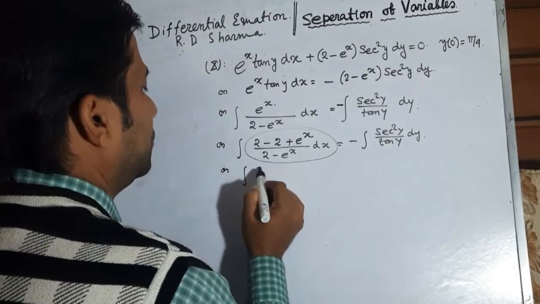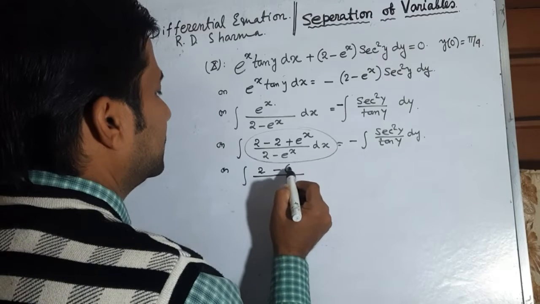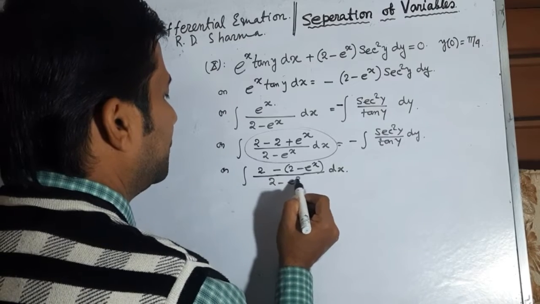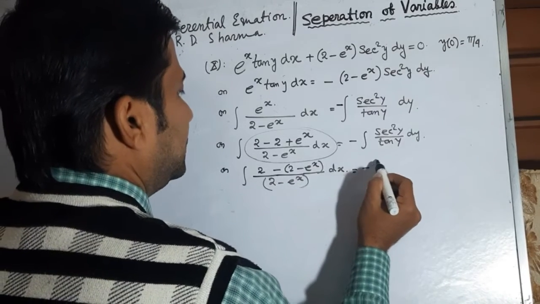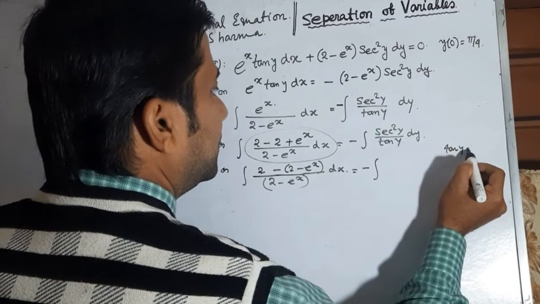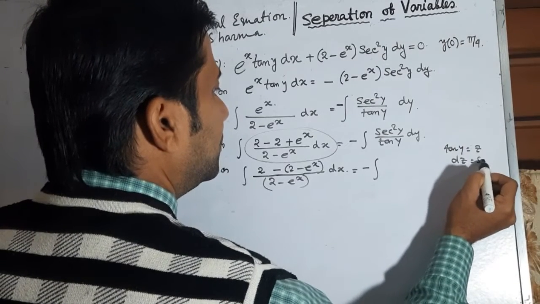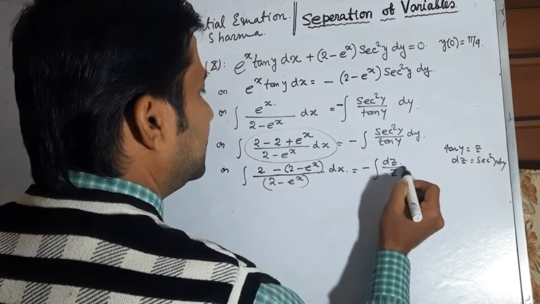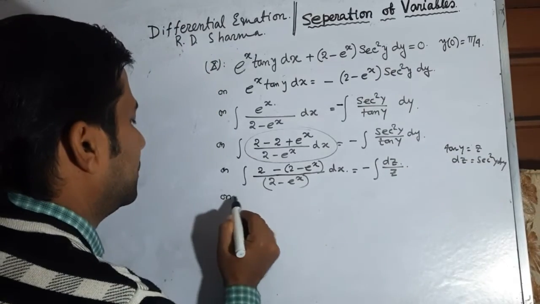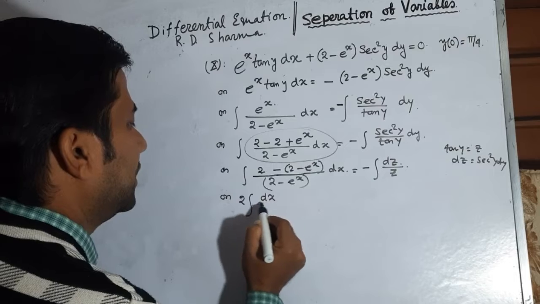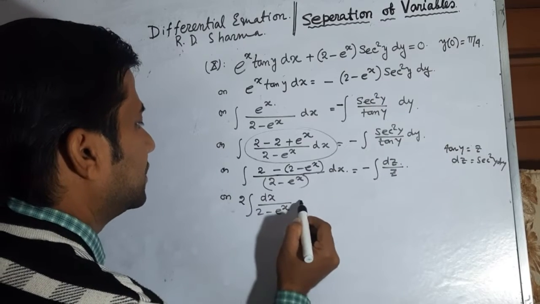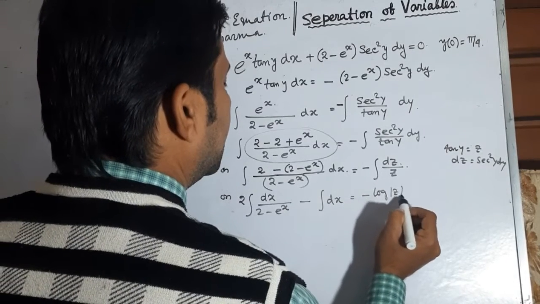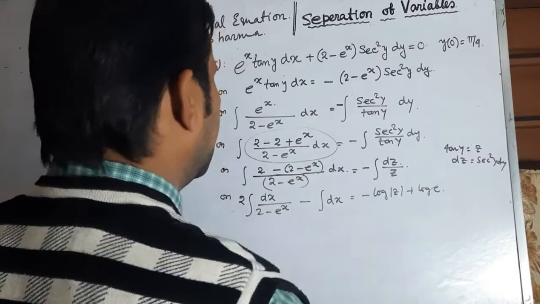Or (2 minus e to the power x) dx by (2 minus e to the power x) is equal to... tan y means z, then dz is equal to sec square y dy, then this is equal to dz by z, or 2 dx by (2 minus e to the power x) minus dx is equal to minus log z plus log c, where c is the arbitrary constant.